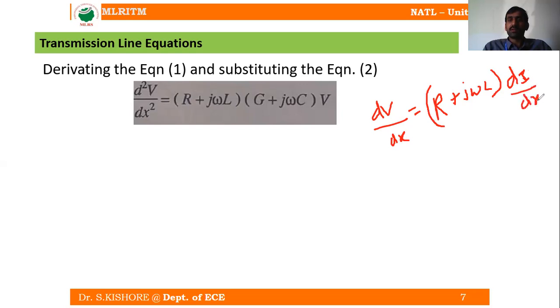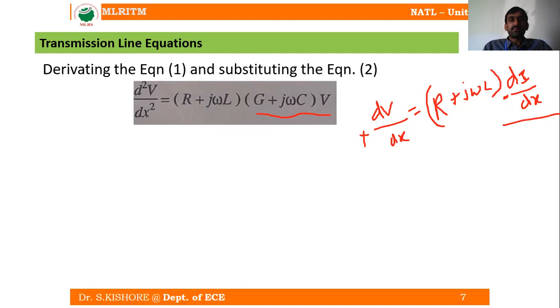Here a minus is there. So if you differentiate dv by dx, we are going to have d square v by dx square. If you send this minus to this side, here it is going to be plus, here it is going to be minus. We know that equation number 2 is minus di by dx is equal to g plus j omega c into v. The same thing we have substituted here. So our equation is d square v by dx square is equal to r plus j omega l into g plus j omega c into v.